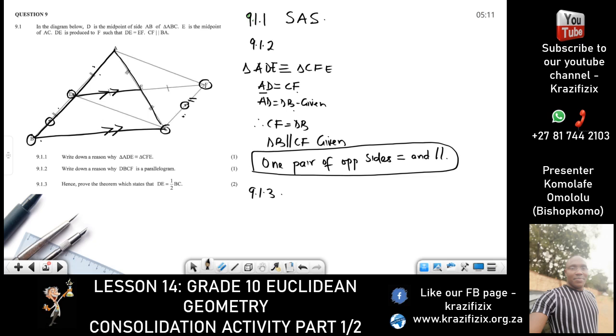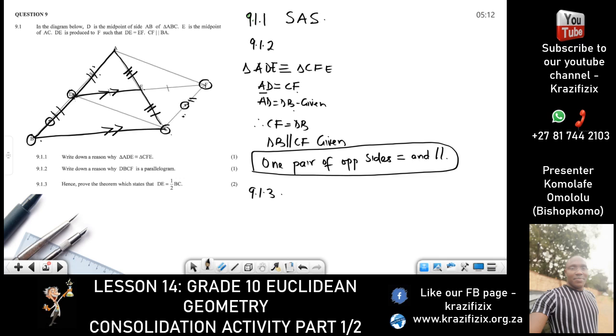And we are also given that this side is equal to that side. So basically that is the midpoint theorem. DE is going to be half of BC. But again, we know that DE is half of what?